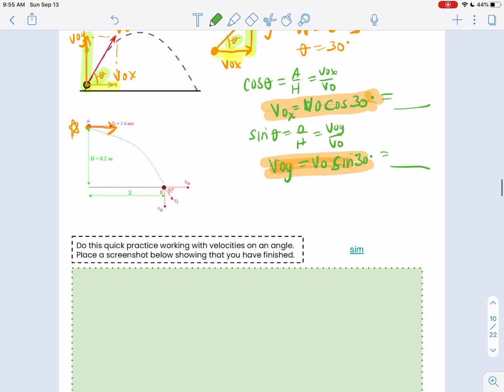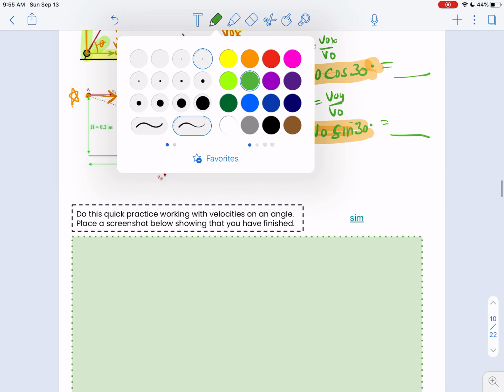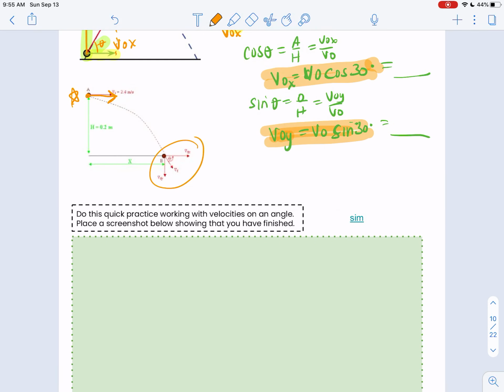All right, so you can do the same thing on the bottom, which is kind of what we did in the last class, right? When you have something landing, it would be the same thing. You'd have your Vx, which is the same as your V naught X, and then you'd find your final Y, okay? And then we will kind of draw that triangle. And then there's gonna be your component like that, your V final.